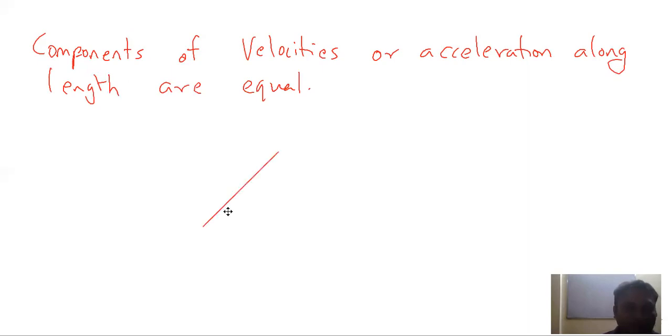So this is our rod, and we have the velocities, which we show like this. Let us say velocity at point B I'm showing like this, and velocity at point A is this, u. So this here is u, whereas this here is VB. And this angle here is given to us as theta.